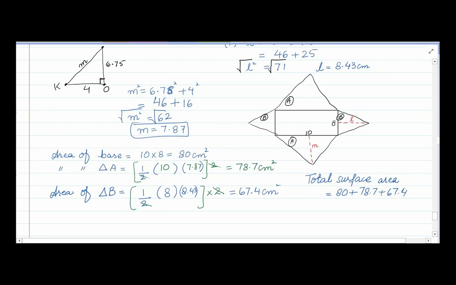So 80 plus 78.7 plus 67.4, it's 226 centimeter square. So that is the total surface area of this pyramid.